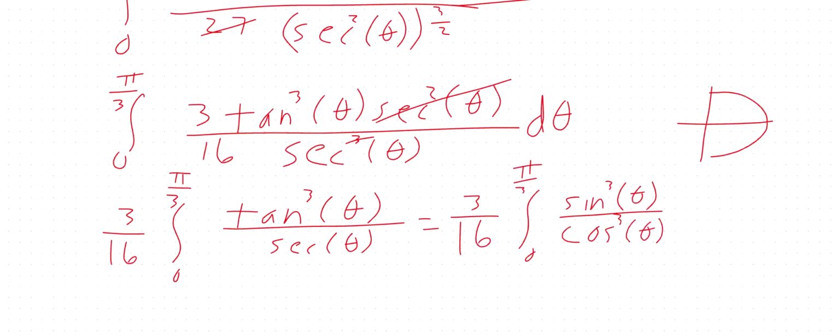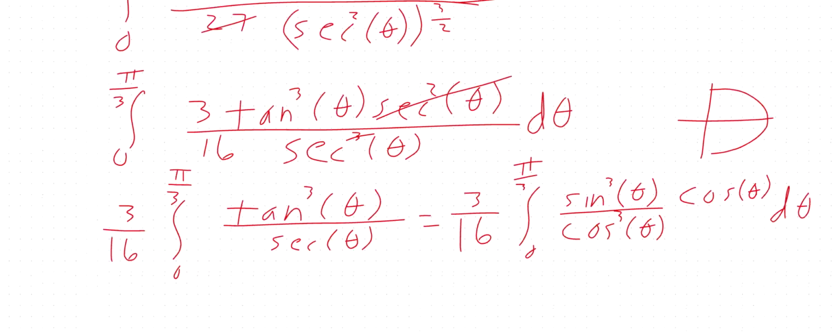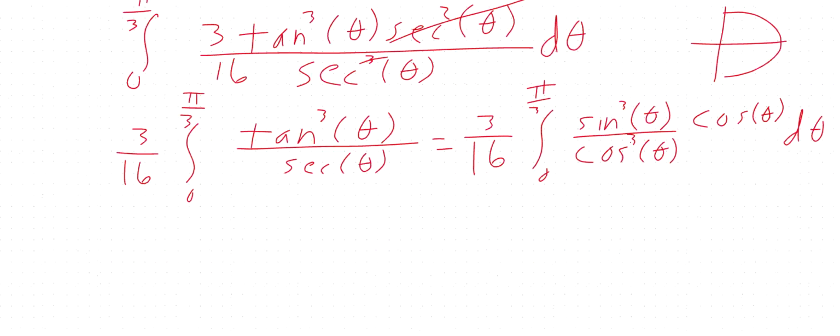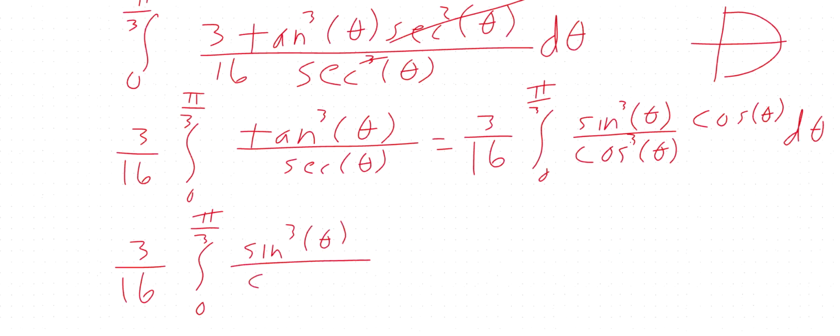Then it's divided by a secant, which is the same as putting a cosine on top. So canceling out some of our cosines, we get down to here.